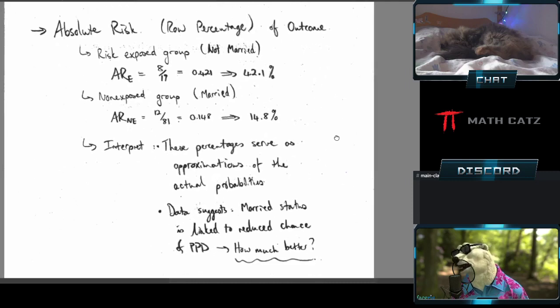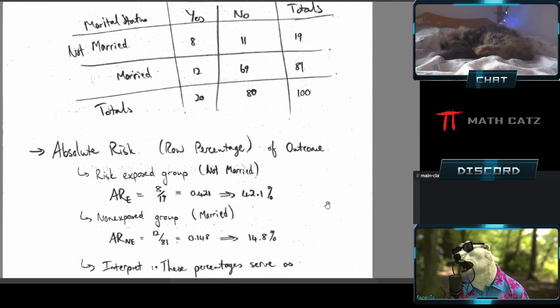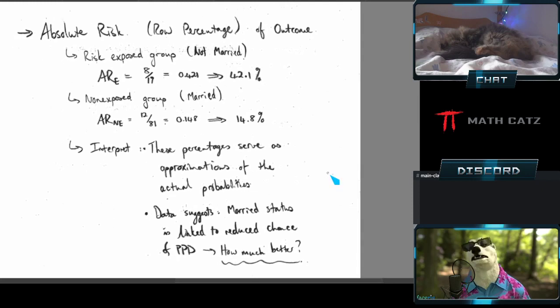So I can say it in terms of the married status being linked to a reduced chance, or the unmarried status being linked to a higher chance of postpartum depression. There's nothing wrong with this. It gets the point across. It's great. But we can potentially say a little bit more.